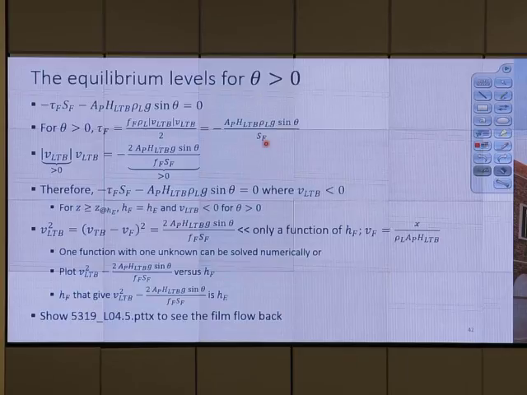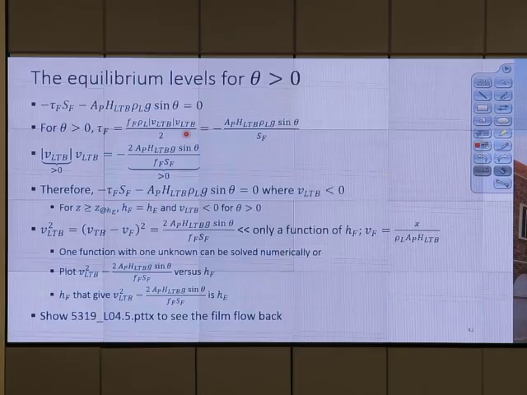Did I do it wrong? No answer. Okay, so let's take a look. I have V_LTB. So Sweta, what is the direction of V_LTB?